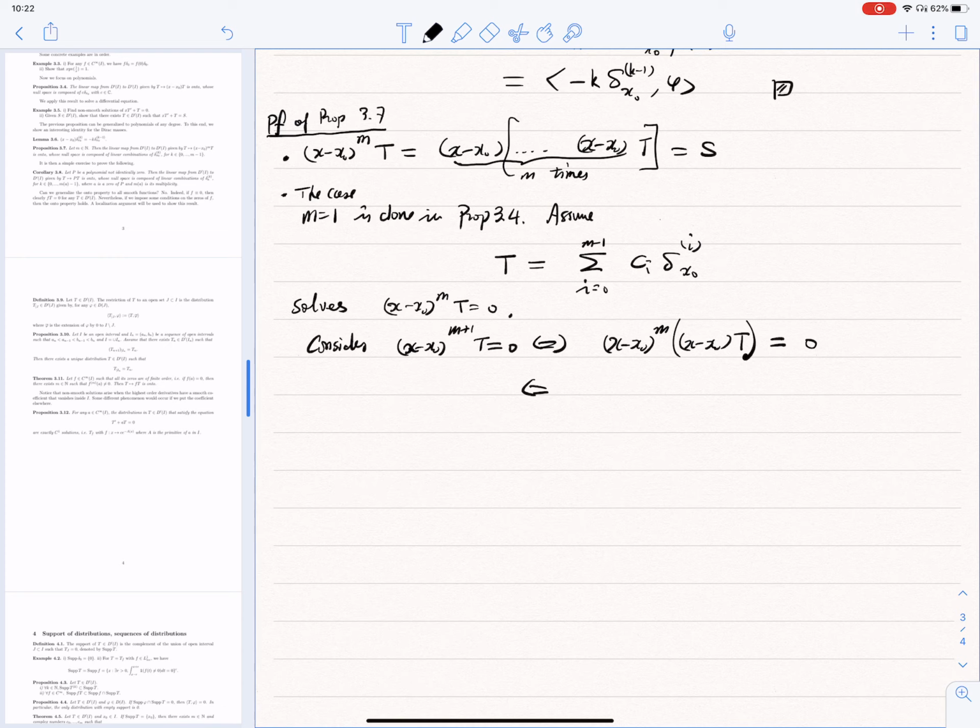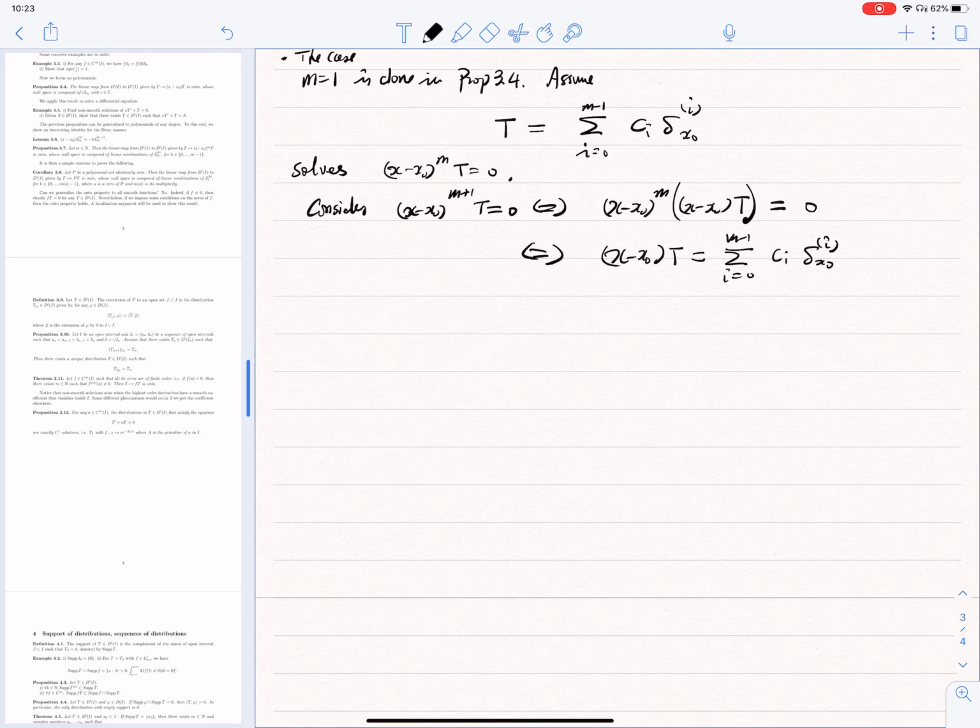this actually gives us the following formula: (x minus x naught) t will be the sum for i from 0 to m minus 1 of c_i delta x naught i. Right? So here's where this beautiful identity about Dirac masses kicks in.